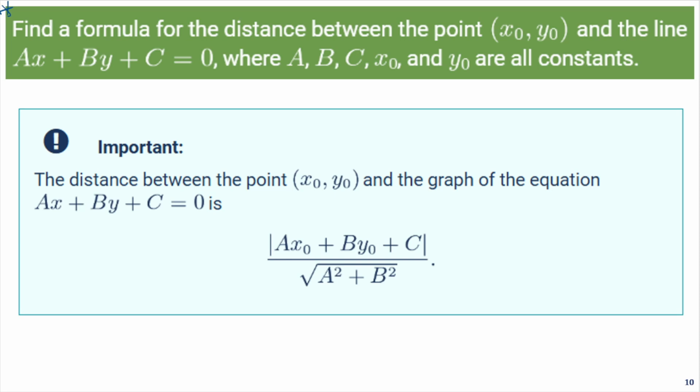The distance between the point (x0, y0) and the graph of the equation ax plus by plus c equals 0 is always given by this expression, which is the absolute value of ax0 plus by0 plus c, divided by the square root of a squared plus b squared. Are you clear?